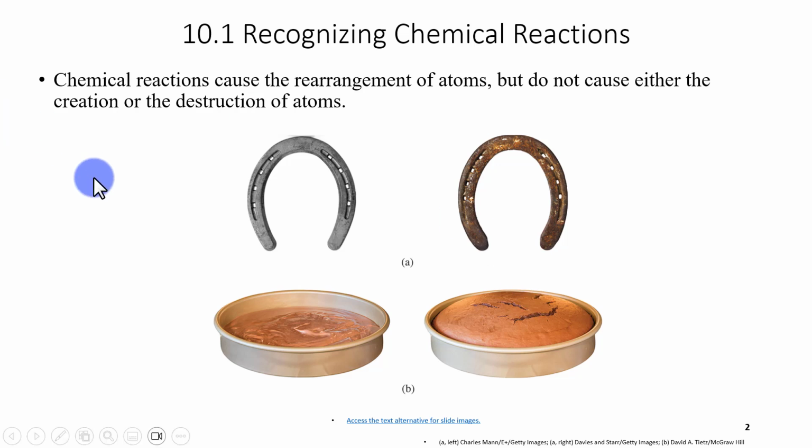Chemical reactions occur when we have rearrangement of the atoms from the original compounds that we have. However, going back to the law of conservation of mass, we cannot create or destroy atoms.